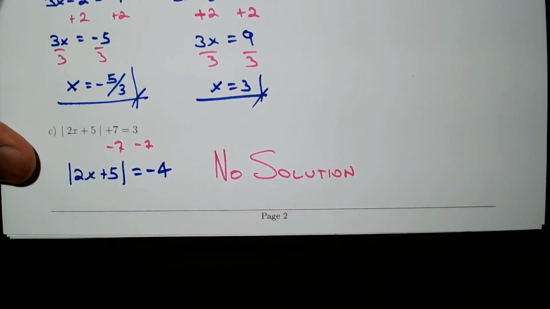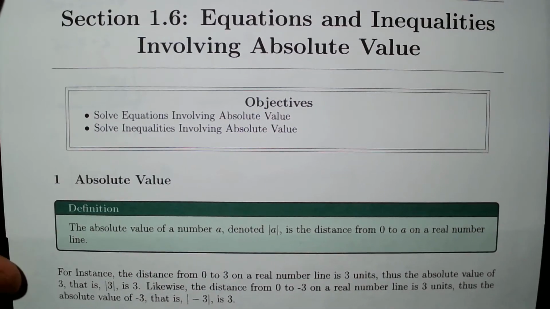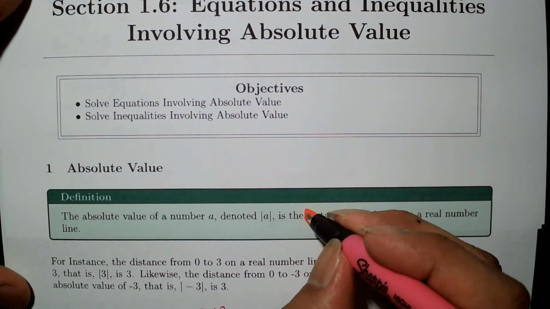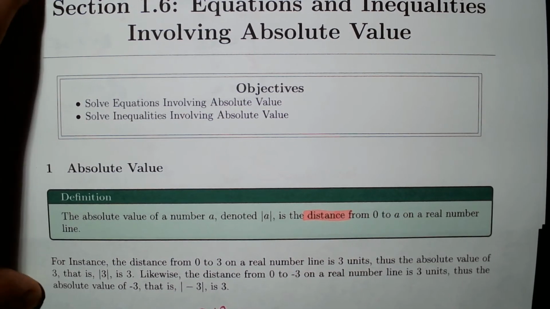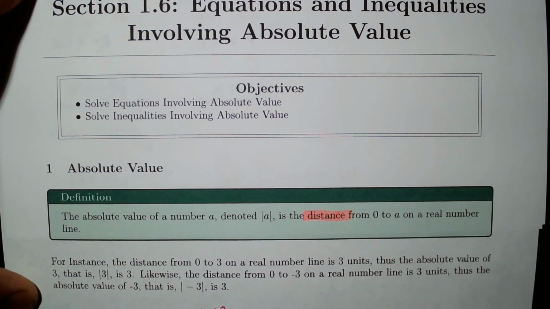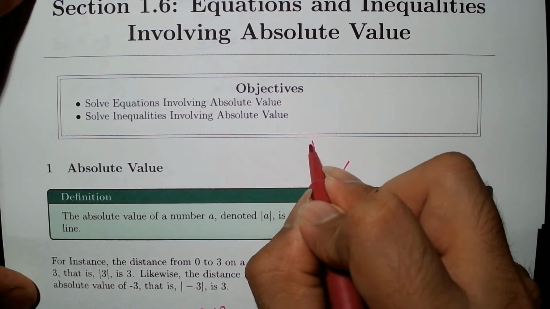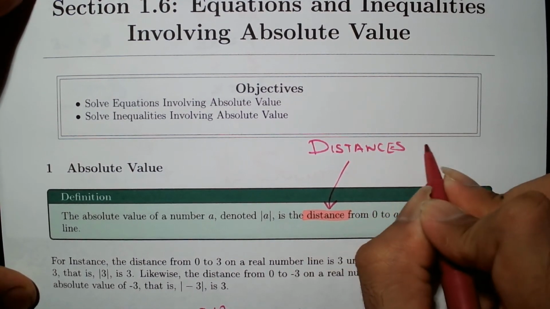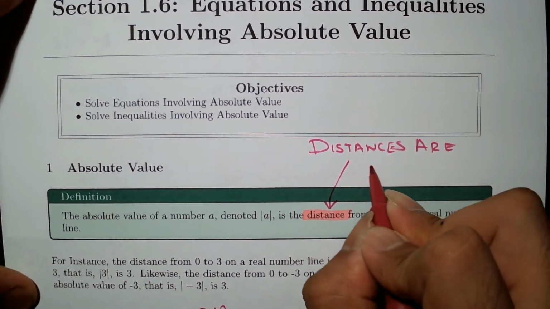Let's go back to the previous page, to the definition of absolute value. That's why I didn't want to define everything and rather be more specific to the example I was doing with the definition. In this case, distances are positive.